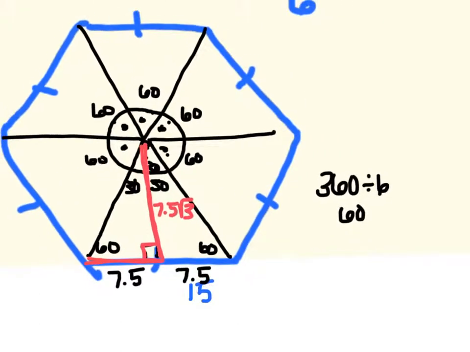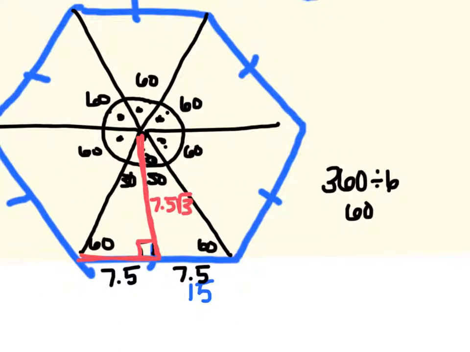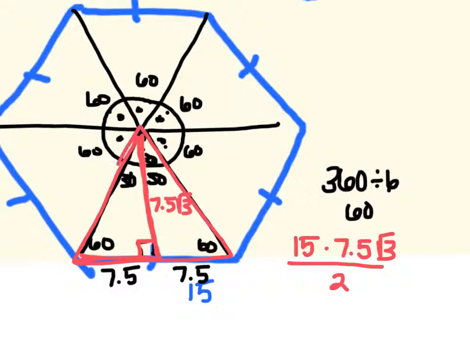So now if I'm going to go ahead and find the area, I'm going to take the base. Remember, it's the whole base. So 15 times 7.5 root 3 and divide it by 2. So that's going to be the area of just one triangle that I'm outlining here in red. Okay, so I took the whole base of 15, multiplied the height of 7.5 root 3, and divided by 2. So 15 times 7.5 divided by 2 is going to be 56.25 root 3.